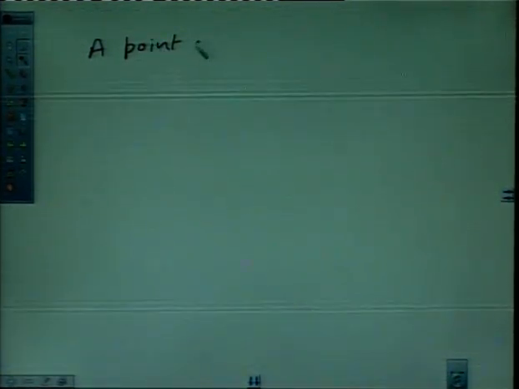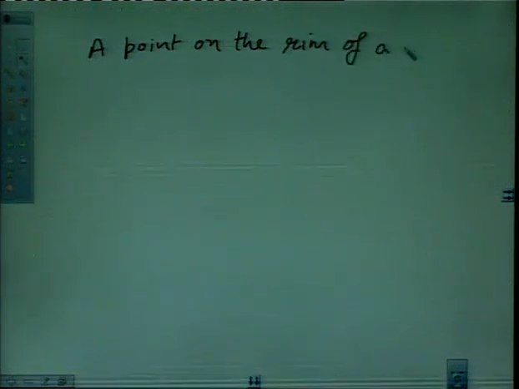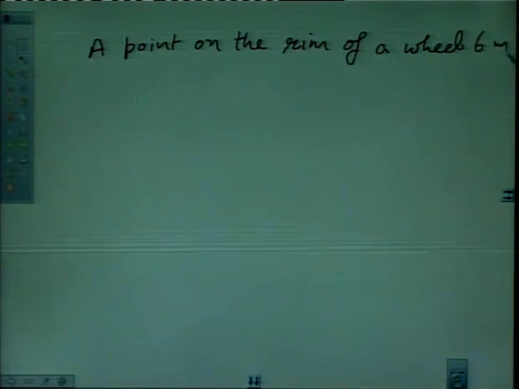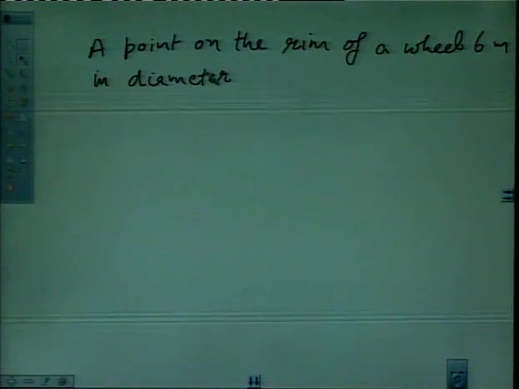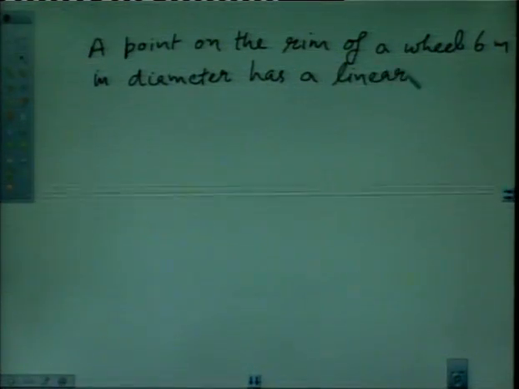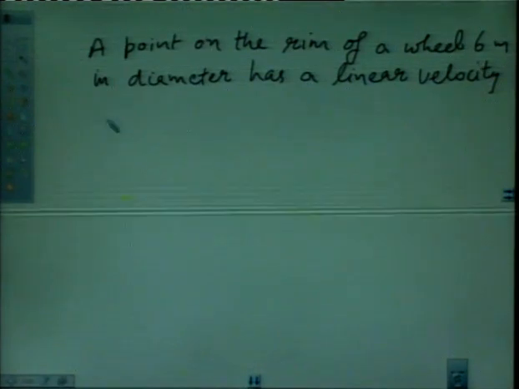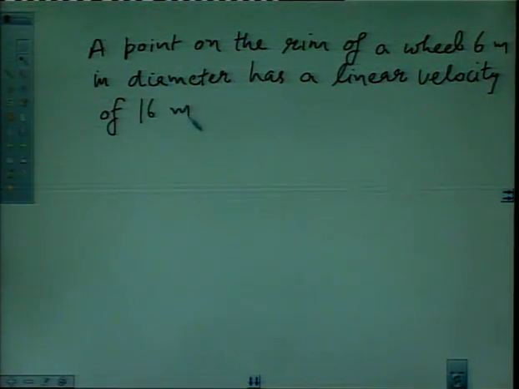Another example, a point on the rim of a wheel six meter in diameter has a linear velocity of 16 meter per second.